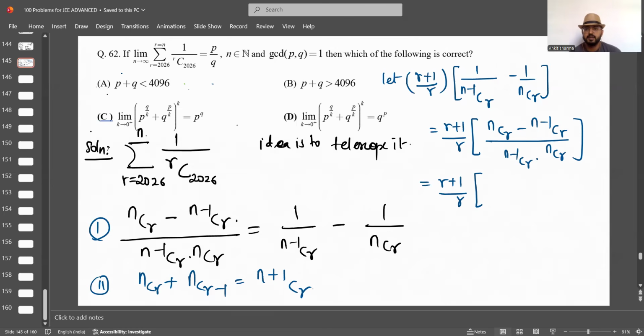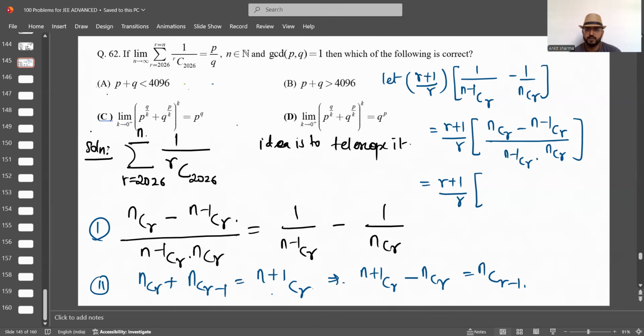And nCr minus (n−1)Cr, this I can now write down if I look at this expression. Say I'm writing in a different format. So if I transfer this one to that side, I get (n+1)Cr minus nCr, so I'll eventually have nC(r−1).